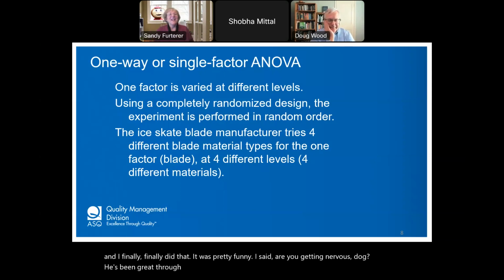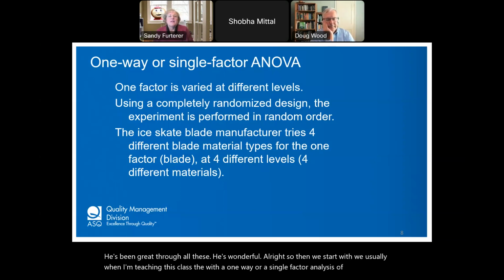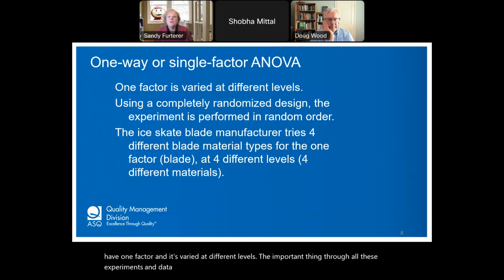He's wonderful. All right. So then we start, usually when I'm teaching this class, with a one-way or single factor analysis of variance. You have one factor and it's varied at different levels. The important thing through all these experiments and data collection is that you run the experiments in random order.